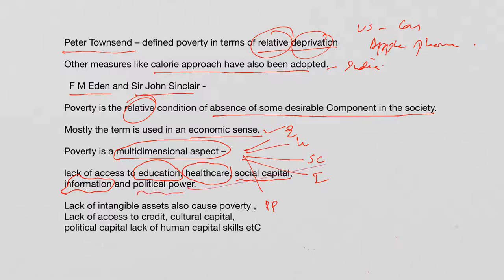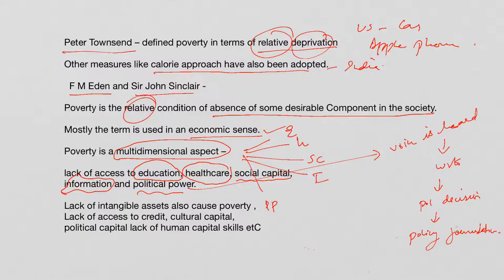Political power does not mean that you are in the ministry or you are an MLA or MP, but how your voice is heard with respect to political decisions or policy formulation. Okay, all these things we'll see.